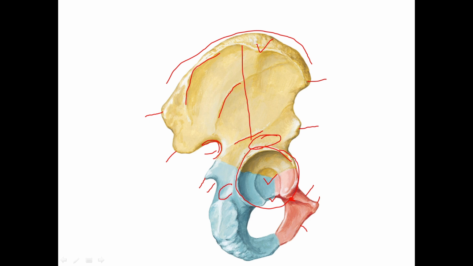Here is the body of the ischium, and below that we have the very prominent ischial tuberosity, and the ischium also has a ramus. The ramus of the pubis and the ramus of the ischium are sometimes together known as the ischiopubic ramus, and here there is a foramen, which we call the obturator foramen.